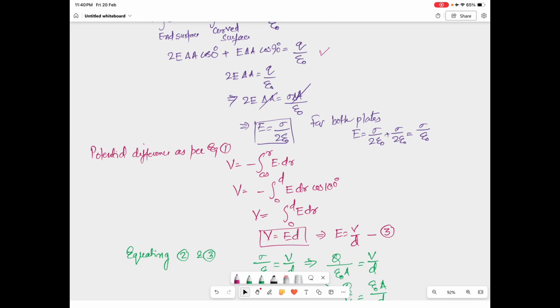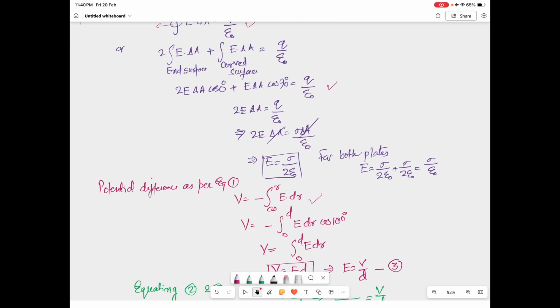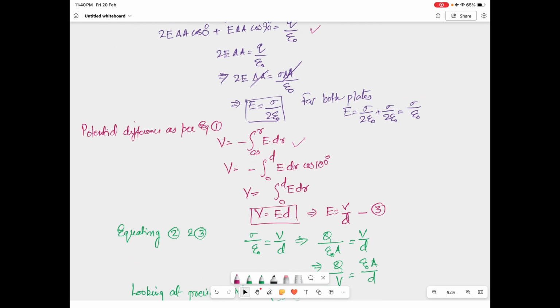Once we have found the electric field, we use the relation between V and E, which you already know, V is equal to minus integral E dot dr. Now, as we are moving from the negative plate to the positive plate, and the electric field is from positive to negative, there is a 180 degree difference between them.